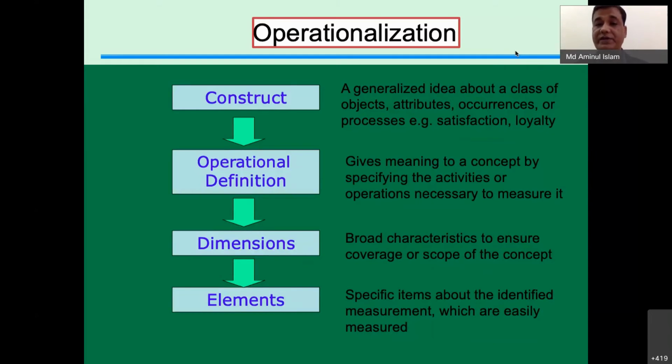Our own research definition. A construct or concept may have many different definitions. Different academics may provide different definitions, but I will have to accept one. The way I measure the construct in my research is the operational definition of the term. Then we find dimensions and we have a few items to measure that.